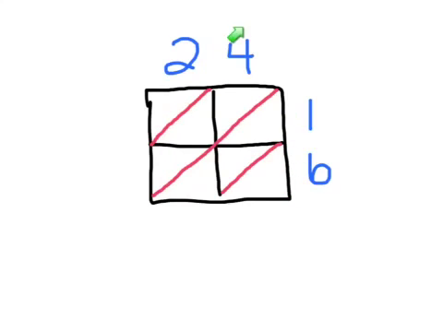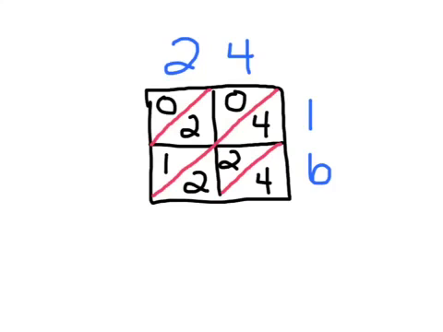So I'll begin on the right hand side. We'll do 4 times 1, which is 4. Notice I put a 0 there as a placeholder in the tens place. And then 4 times 6 is 24. Working on the left with 2, 2 times 1 is 2, and 2 times 6 is 12.